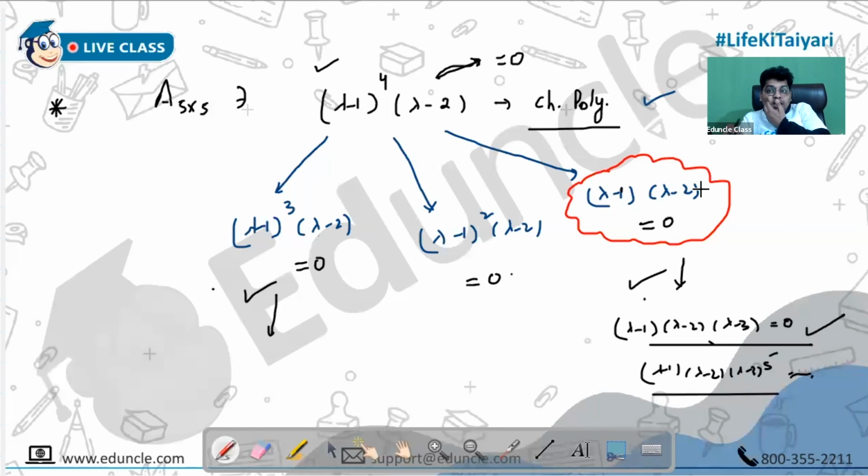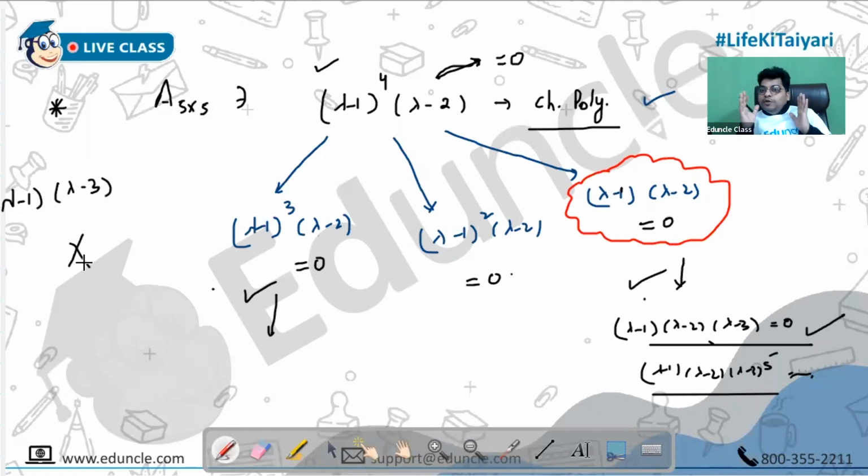So is it clear? Very simple way, I am just explaining now. An annihilating polynomial is a polynomial which has the characteristic roots inside it, they must be there. See, if someone tells me that lambda minus 1 and lambda minus 3 is an annihilating polynomial, I will say no. Lambda minus 1 and lambda minus 3 is not an annihilating polynomial.